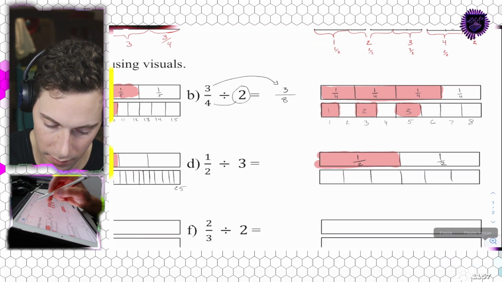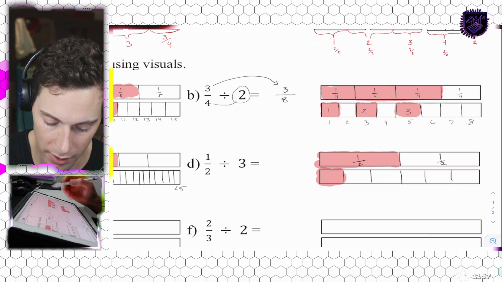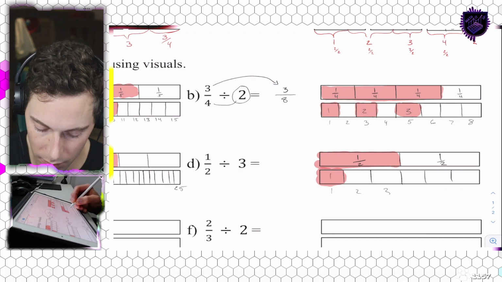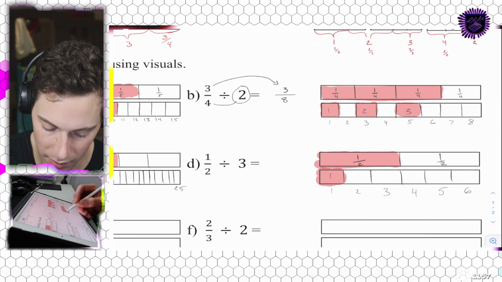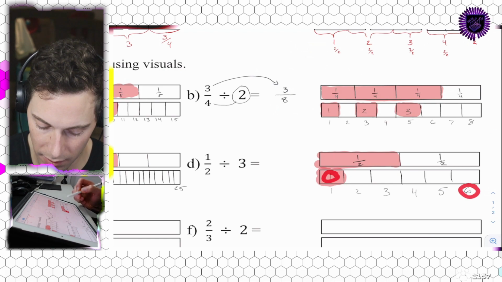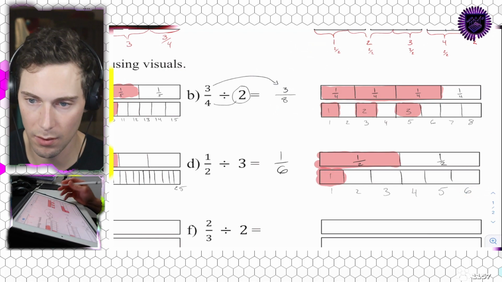And we have one of them because we only have 1/2. So we only have one of our pieces. And then we have 1, 2, 3, 4, 5, 6 pieces total. So we have 1/6.